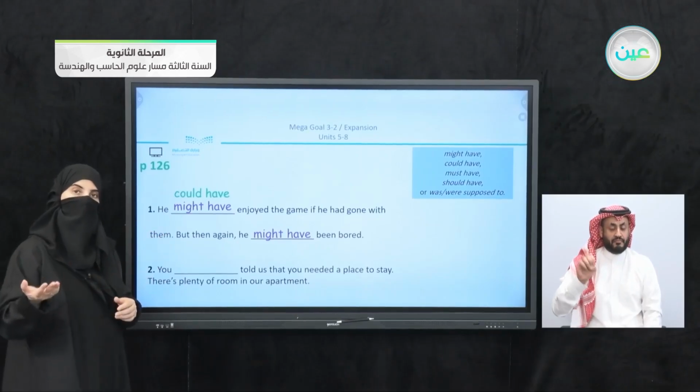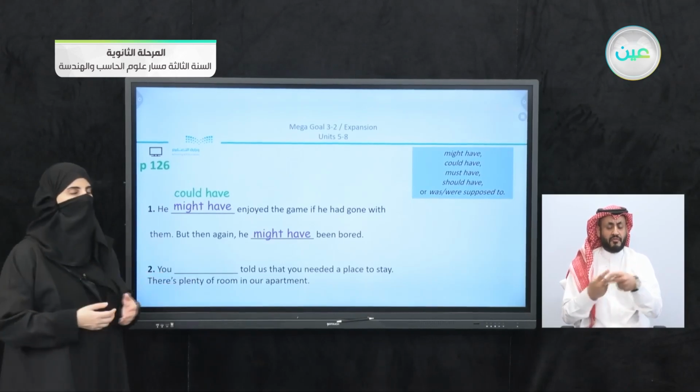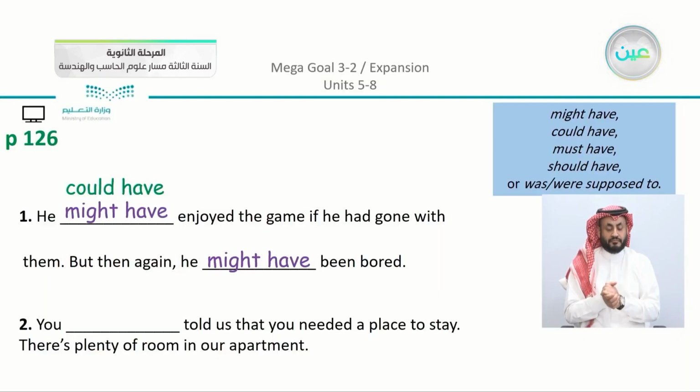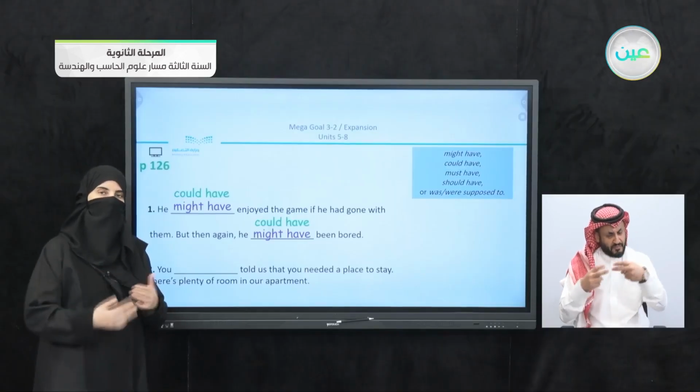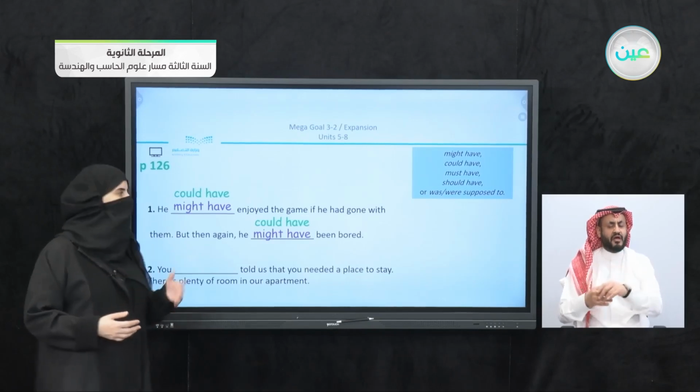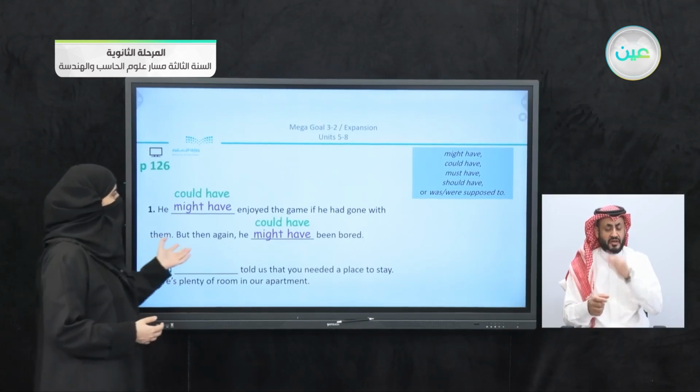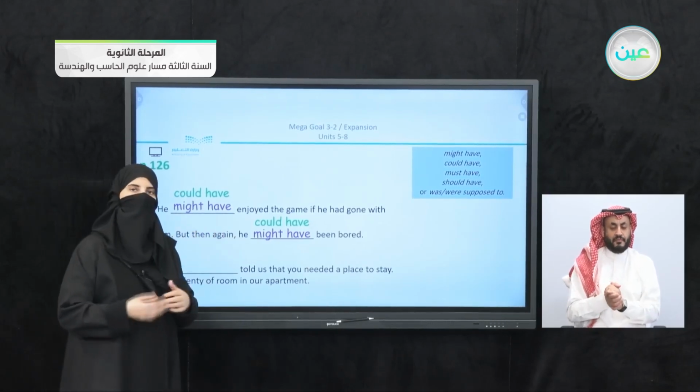So if you have chosen to say could have, also this is correct. And also in the second part, could have can be also used. Now this is a chance to be a little bit creative in your sentences and not just repeat the same verb. So you can say, for example, he could have enjoyed the game with them, but then again he might have been bored, or the opposite.